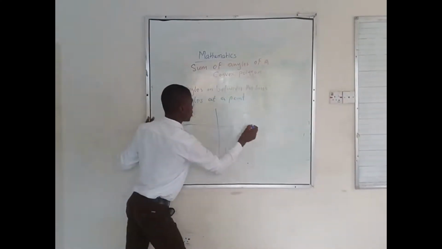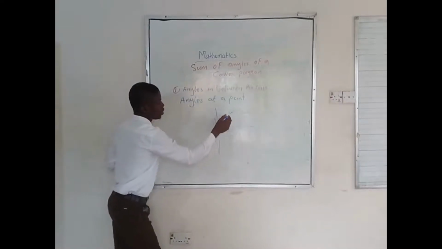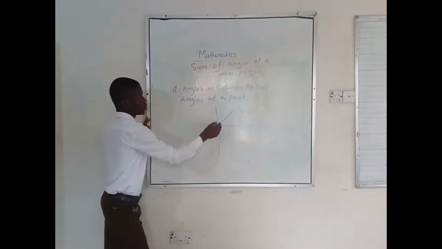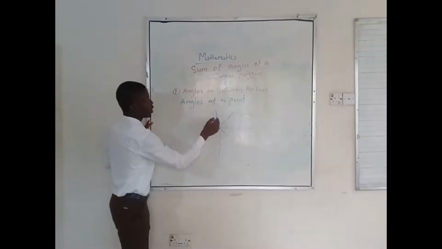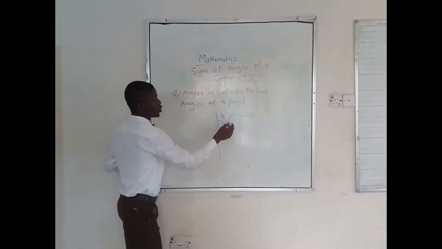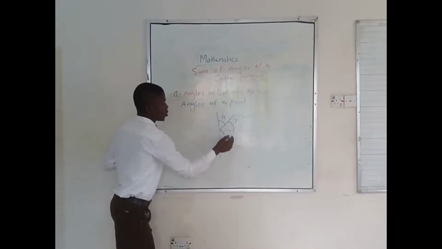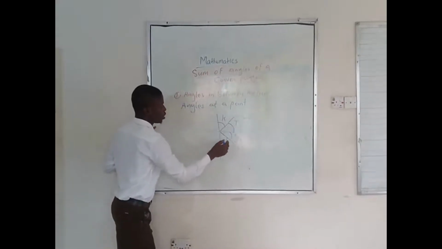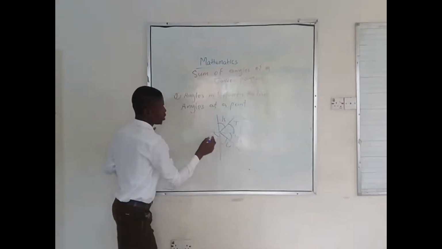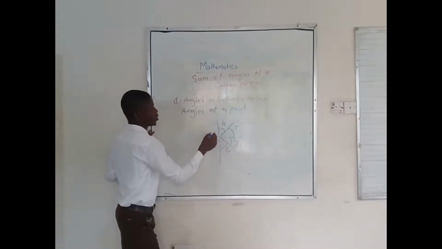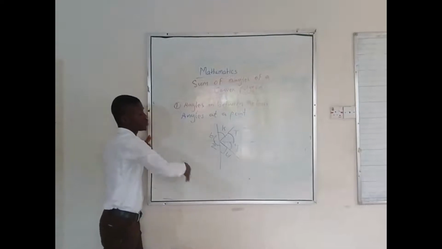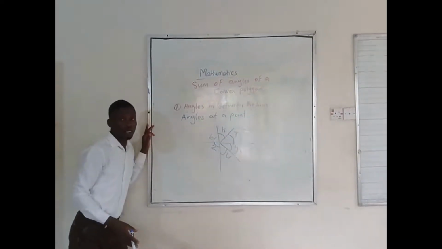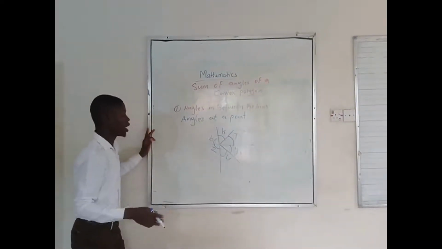I cross another one this way. Maybe another one meets it here, the other one meets here. And we call here K, we call here T, call here Y, call here U, call here Z, and call here B. The sum of these angles is equal to 360 because of angles at a point.